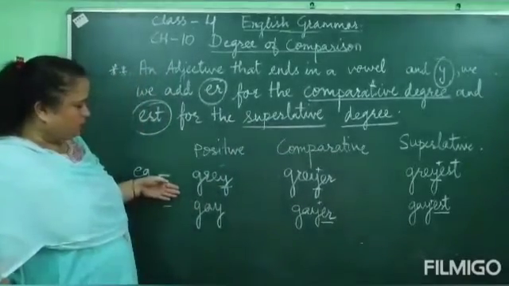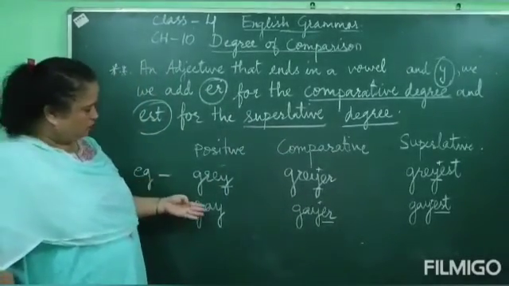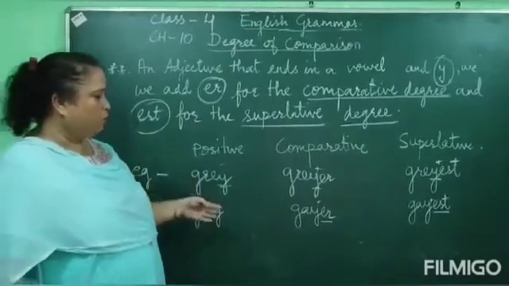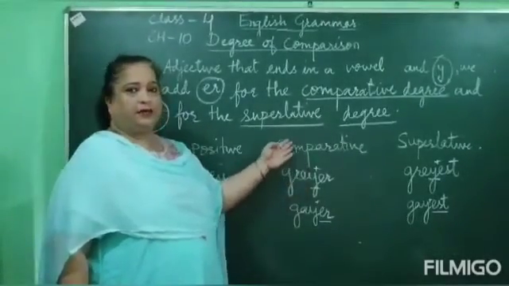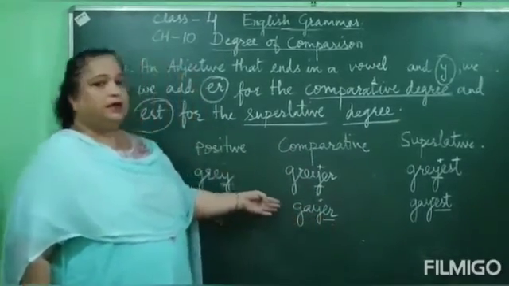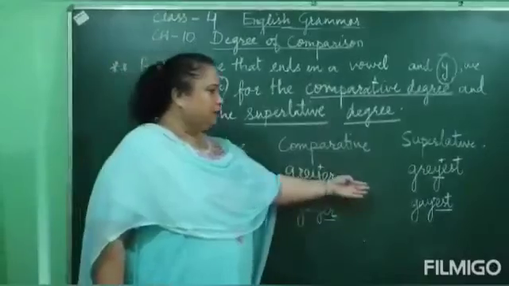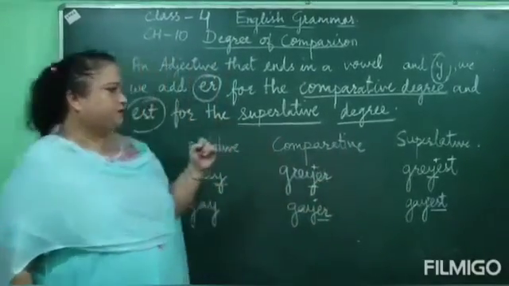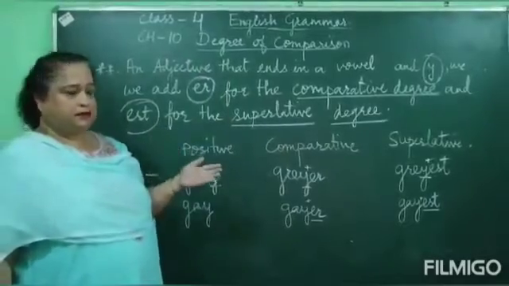The next word is gay. This has a vowel and it ends with a Y. To make it the comparative degree, we add ER, which makes it gayer. And the next one, we add EST and it forms the superlative form, that is gayest.